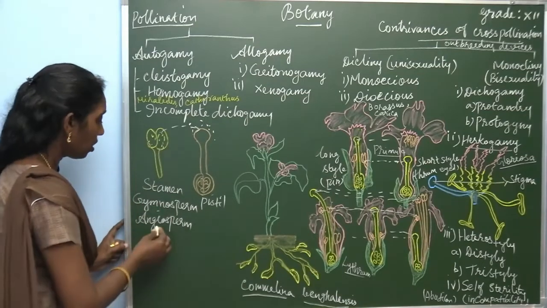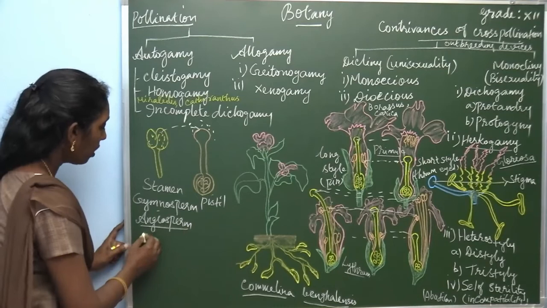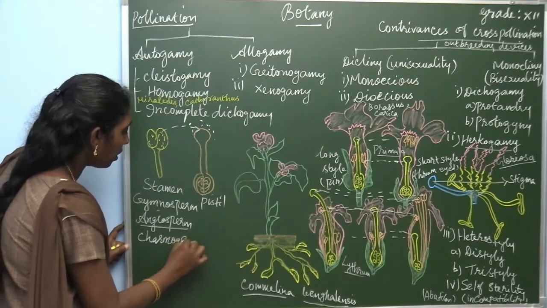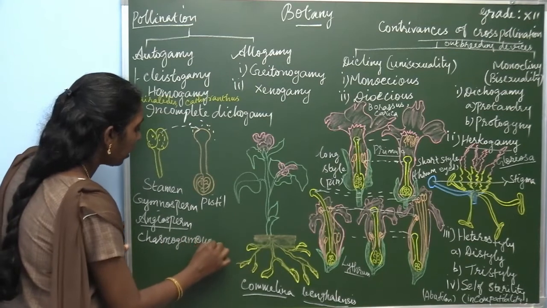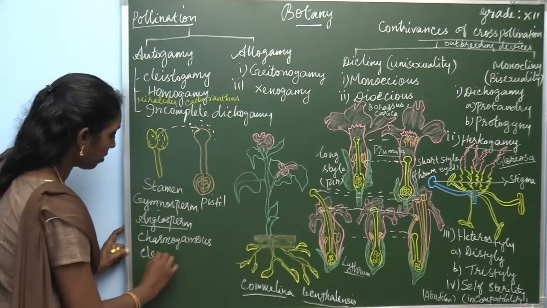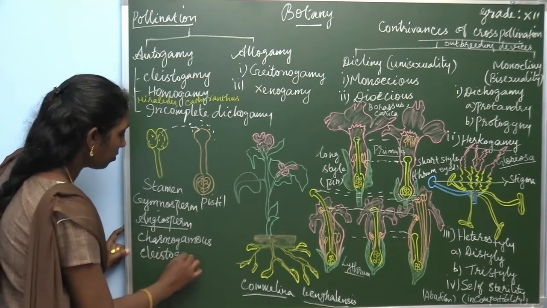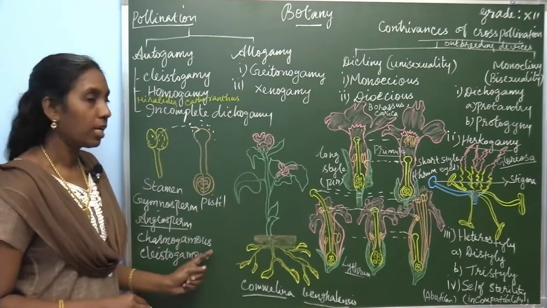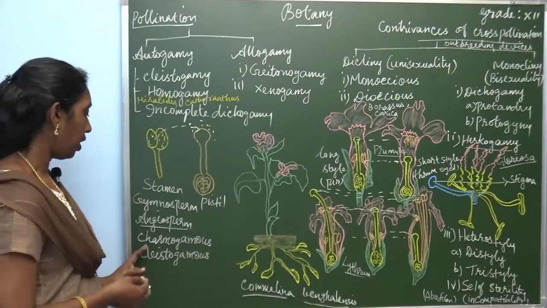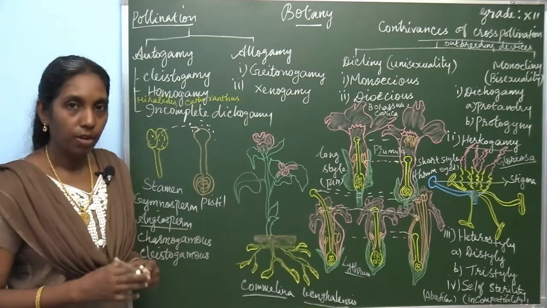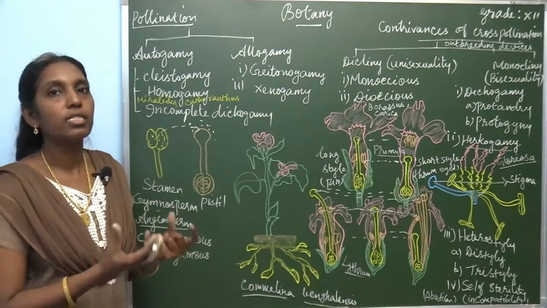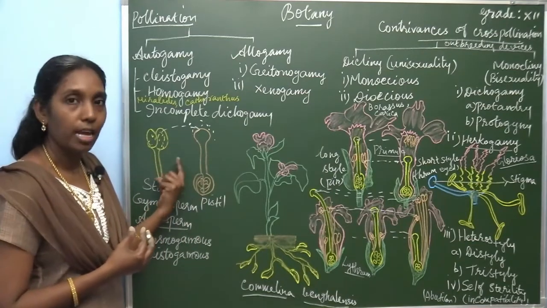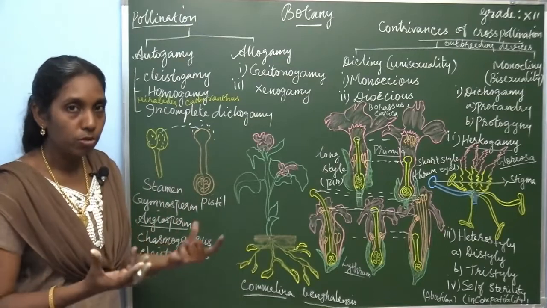The flowers in angiosperms are of two different types, chasmogamous flower and clistogamous flower. What's the difference between these two? Chasmogamous flowers have exposed sex organs, that is, the stamen and the pistil are exposed out.